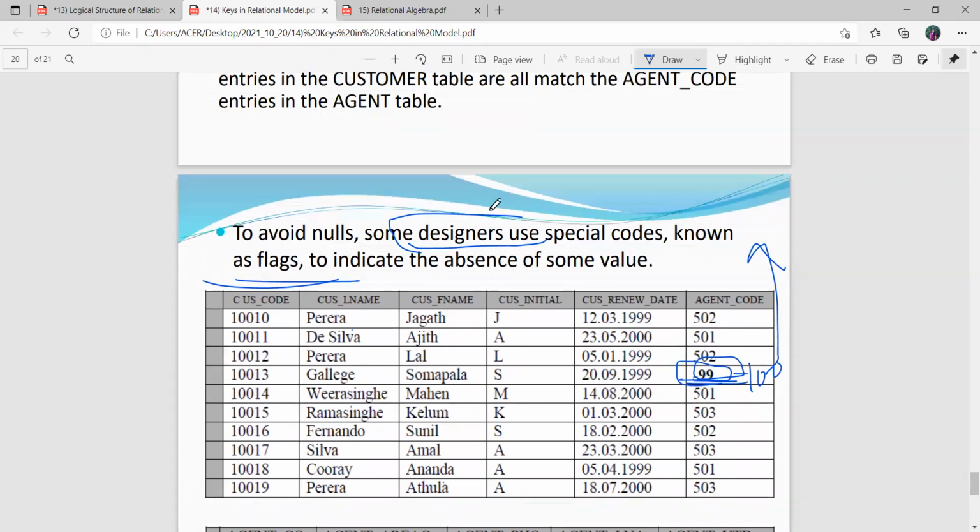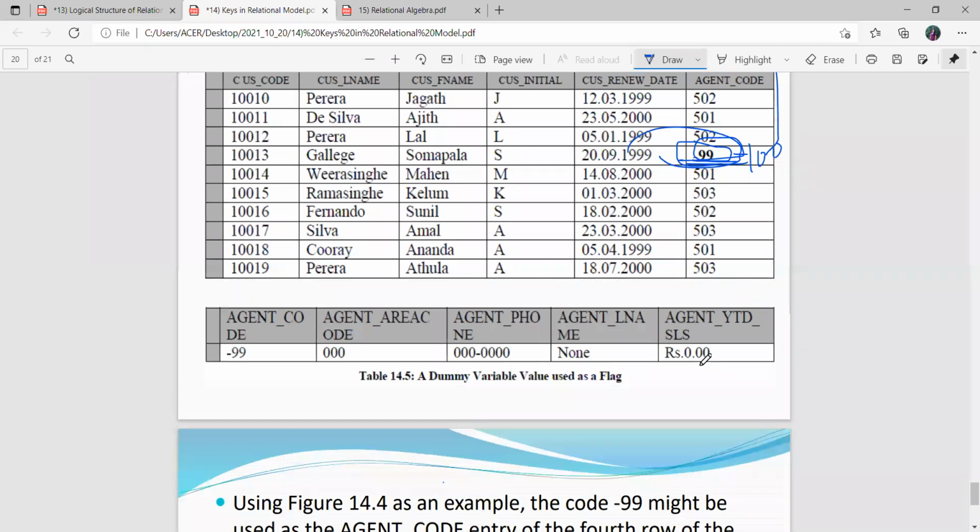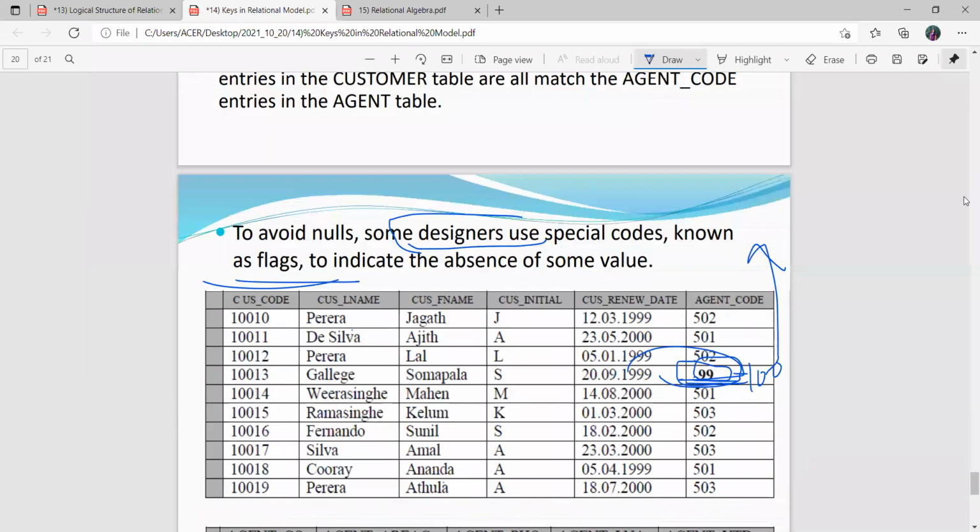The database designer uses a dummy value or a flag to indicate the null values within the database. So when you are referring to your database or any other database, if there is any field with minus 99 or minus 999 or likewise, you can easily identify it belongs to a null value.